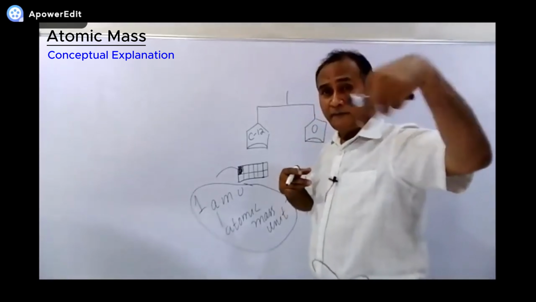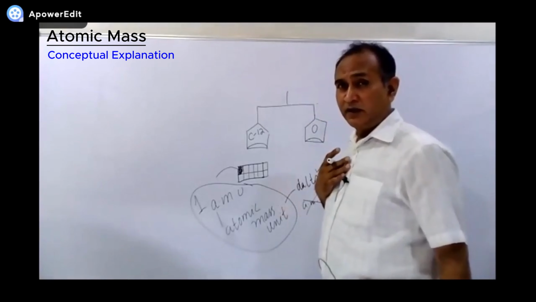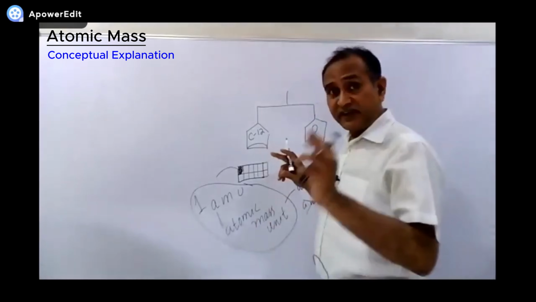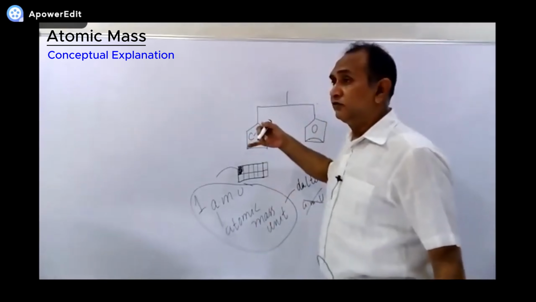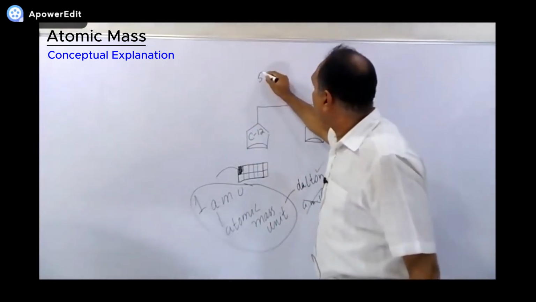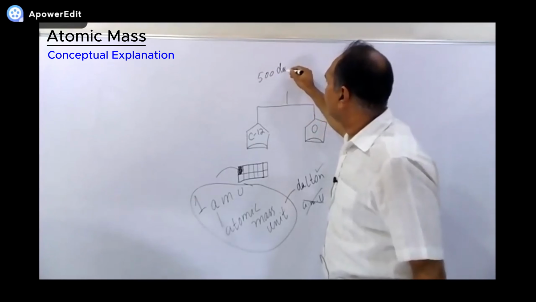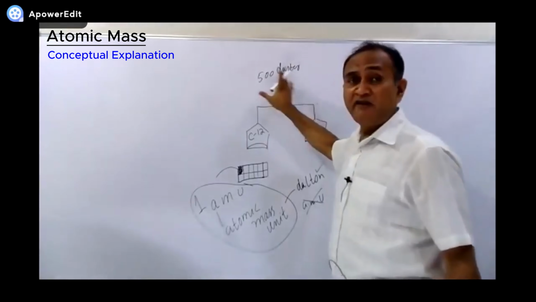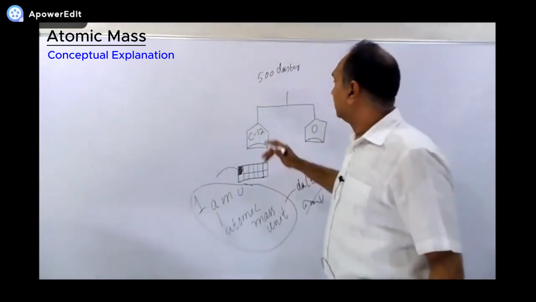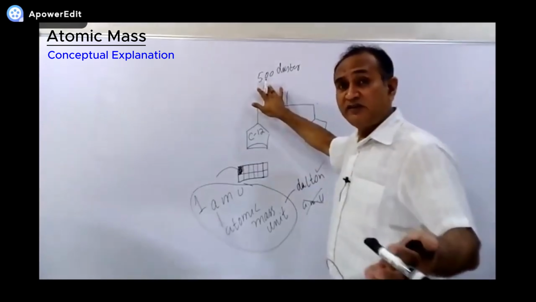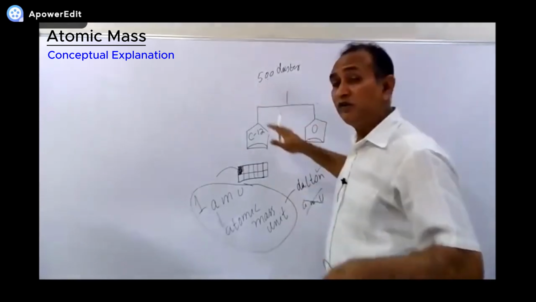Recall that duster example. The mass of a chair is 500 dusters, meaning 500 times the duster is the mass of one chair.